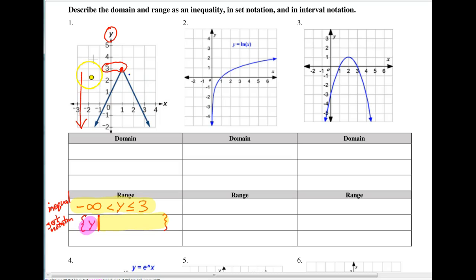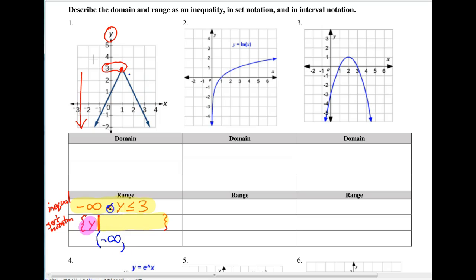Okay. The other one that we're going to use is called interval notation, and it is going to be without all the fancy inequalities, the y's and all that good stuff, and you just put it in parentheses like this.